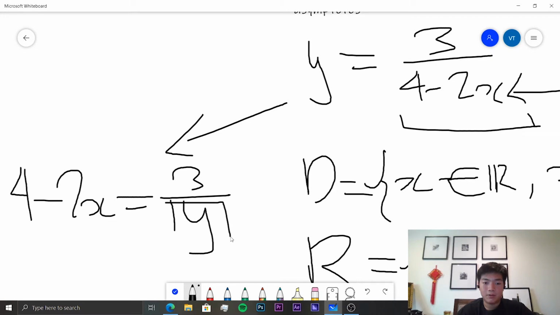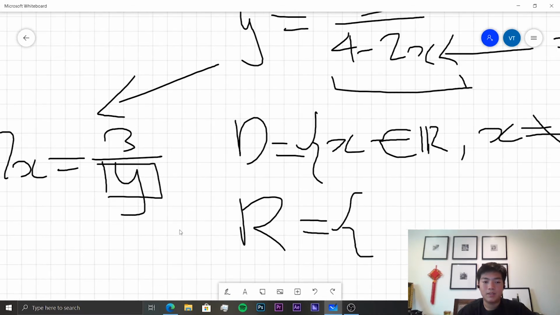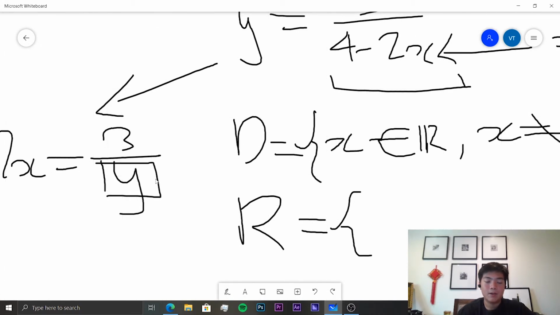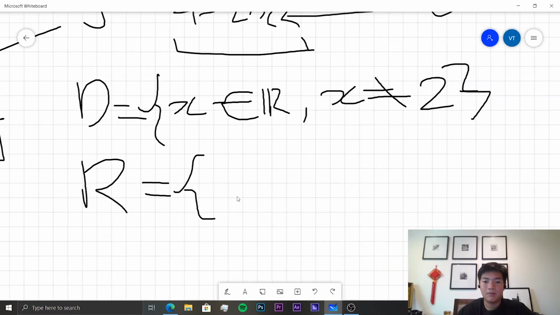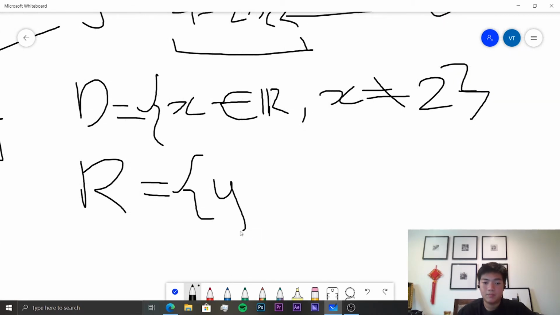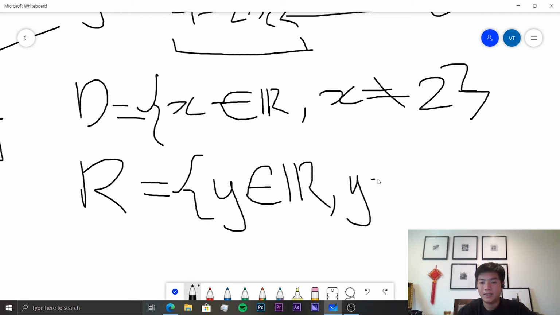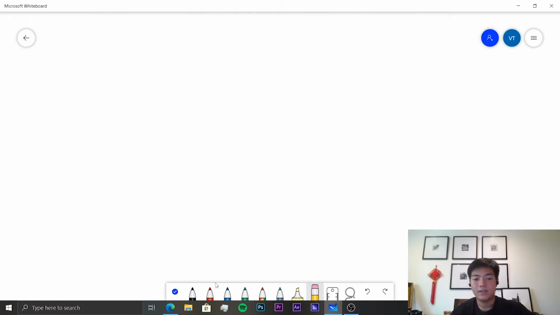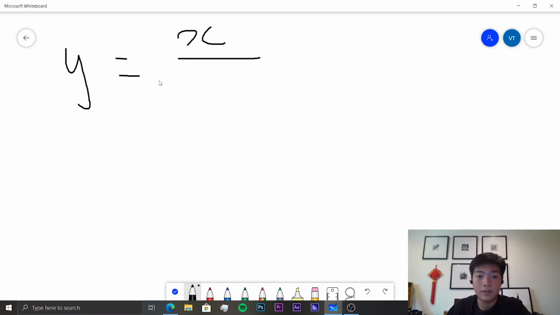When y is 0, this function will also be impossible to solve, and y is 0 when, well, y is 0. So again, the range is when y is part of the real numbers and as long as y is not equal to 0.